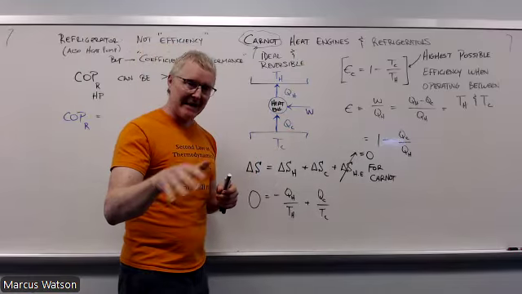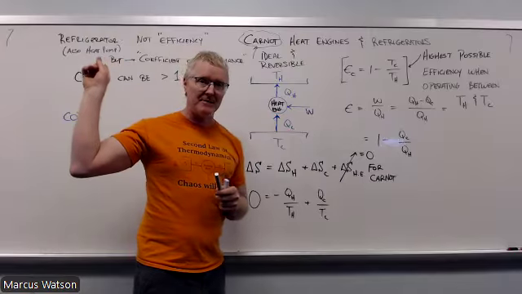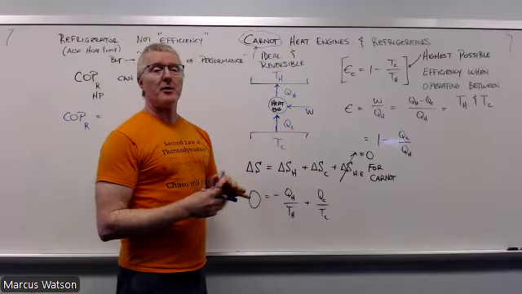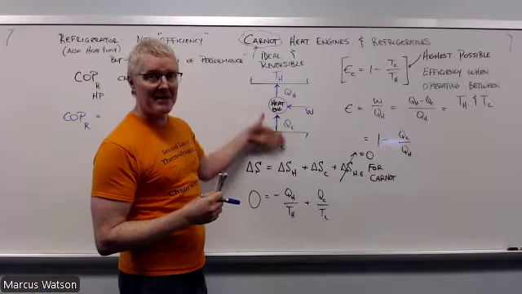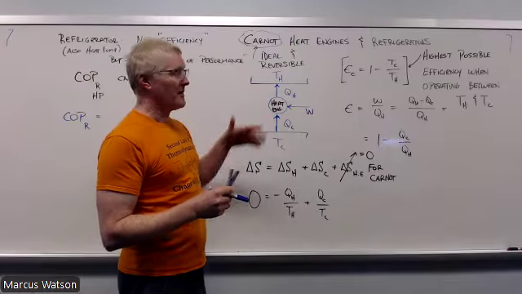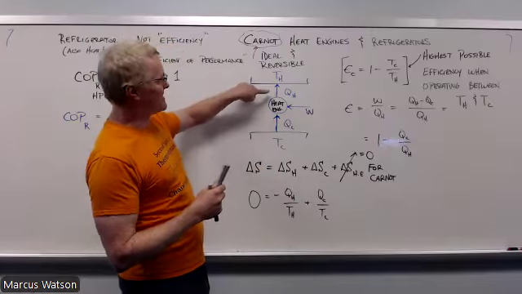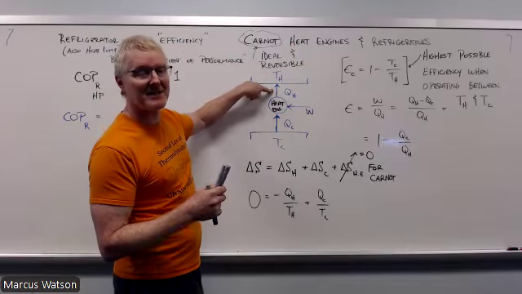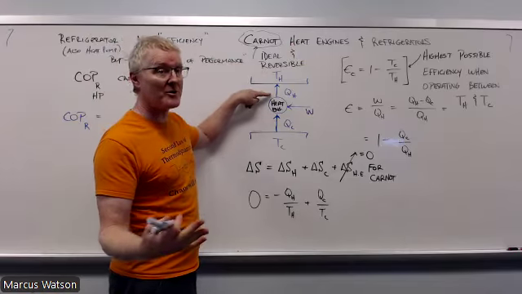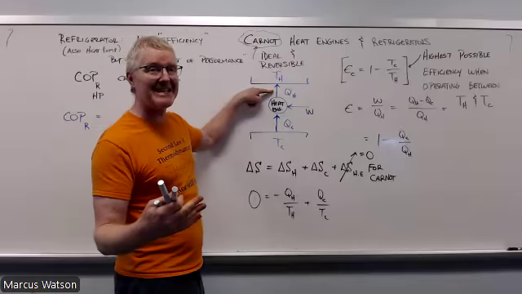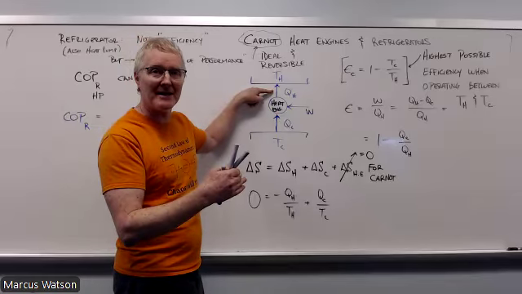Just a quick aside, I mentioned heat pump right up there. This is also a heat pump cycle right here. But the purpose of the heat pump is QH. That's the thing that you want. So in other words, you could use this to heat a warm house, right?